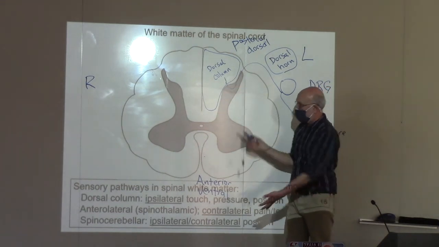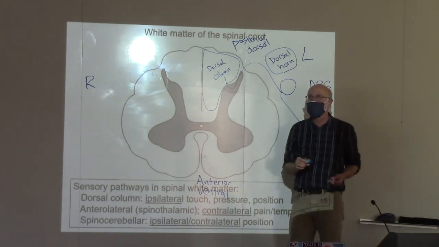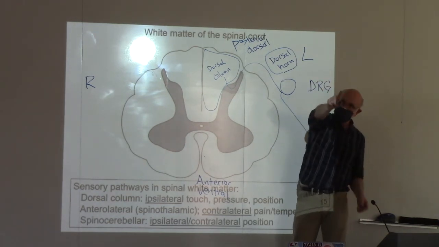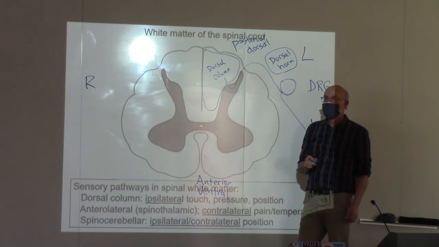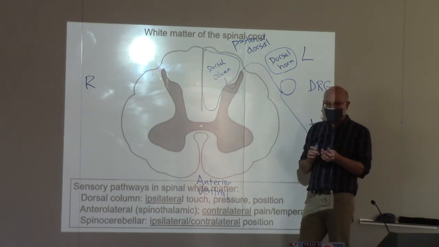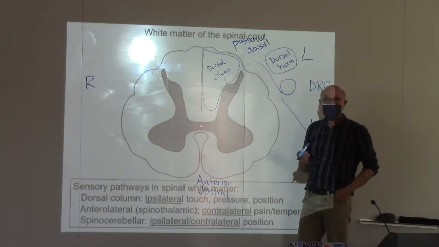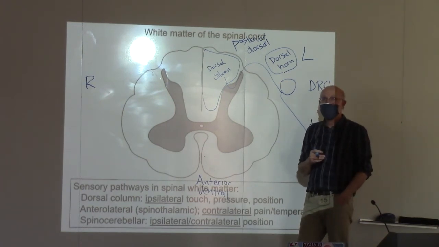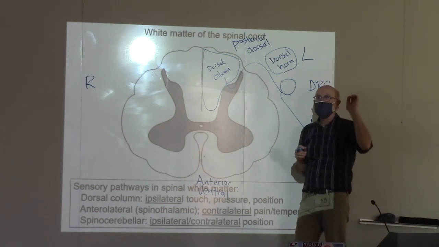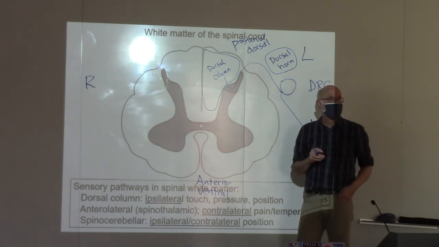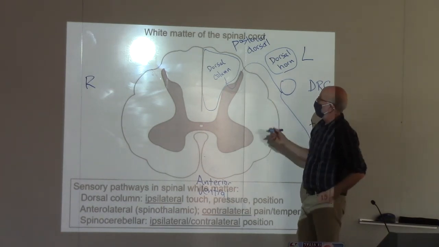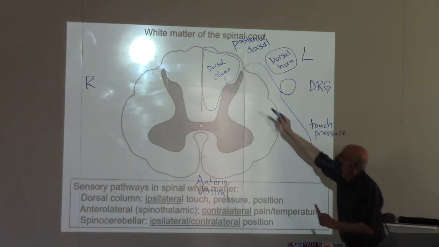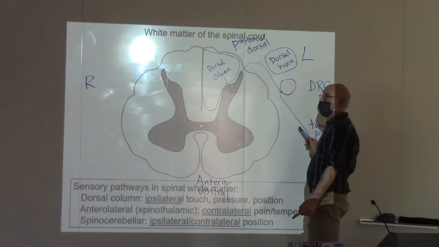So this neuron now goes that way and makes a synapse in the brainstem on the ipsilateral side, and then the second neuron over there is going to cross over. But this is ipsilateral. That is to say, here in the spinal cord, it's carrying ipsilateral information.